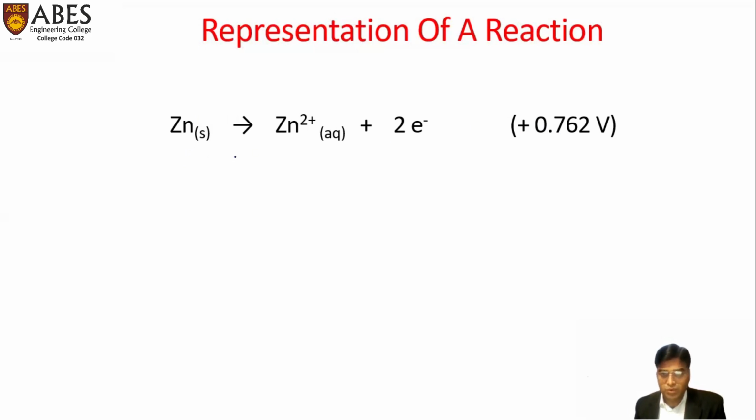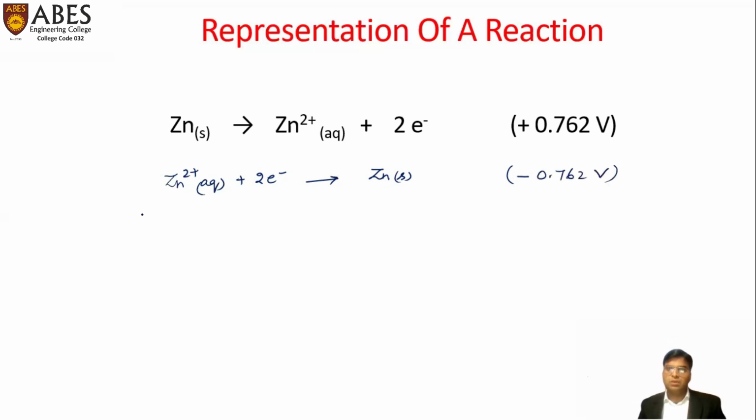So to represent this reaction as a reduction reaction, we can show it as zinc ions in contact with two electrons convert to zinc solid, and the potential here should be given the reverse sign having the same magnitude. So that is minus 0.762 volt.